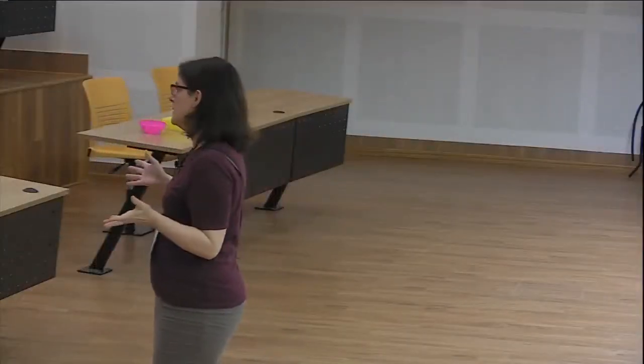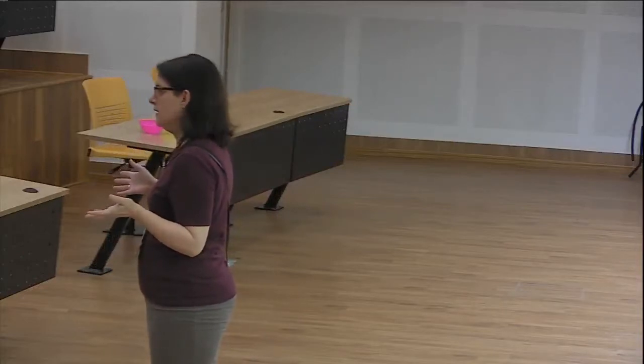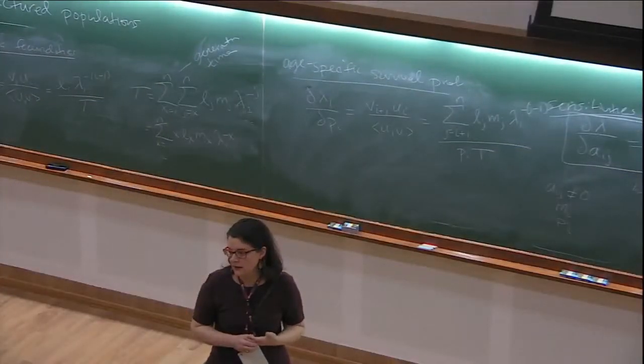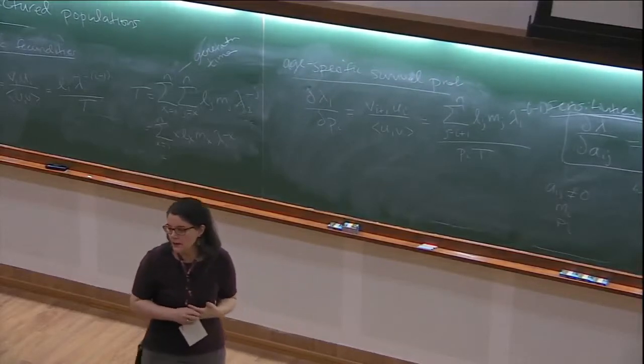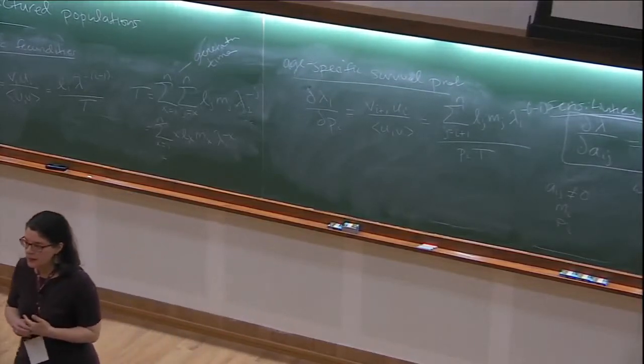In that case, the characteristic equation is not the Euler-Lotka, and you can't write simple forms for these, but you can always calculate them numerically. They also change.